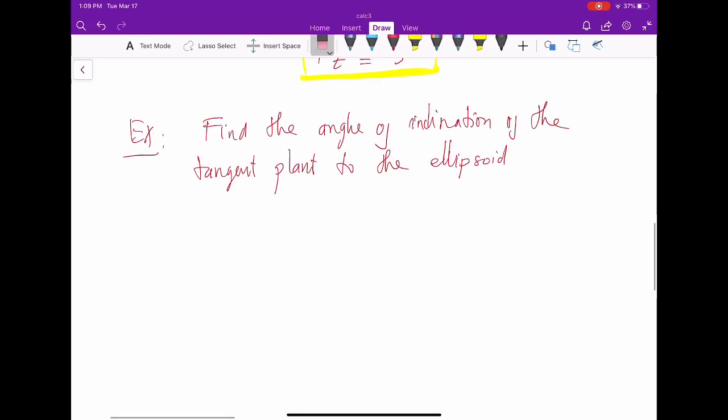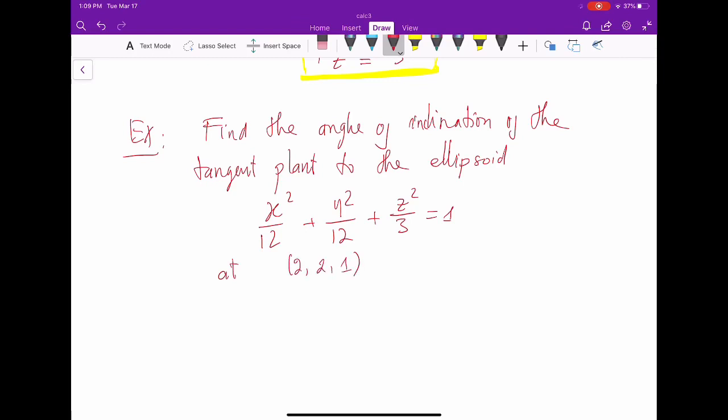The ellipsoid looks like x squared over 12 plus y squared over 12 plus z squared over 3 equal to 1, and the point is (2, 2, 1). So now they ask us to find the tangent plane first.